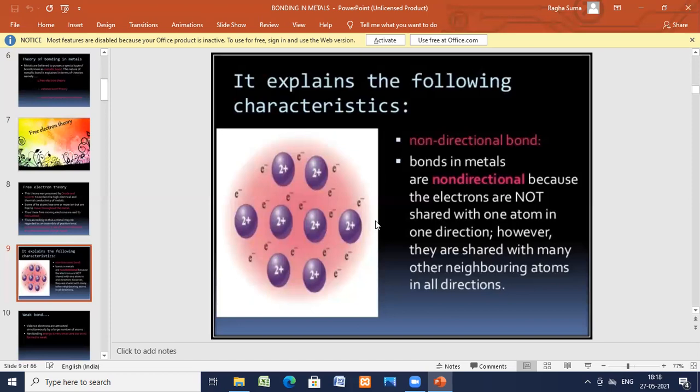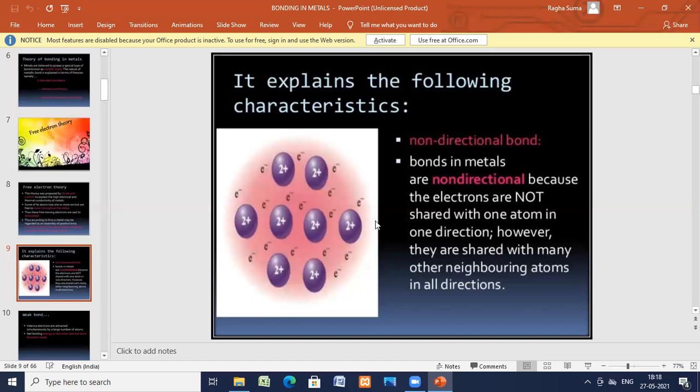The Drude-Lorentz theory attempted to derive an expression for C by applying kinetic theory to the random motion of these electrons.